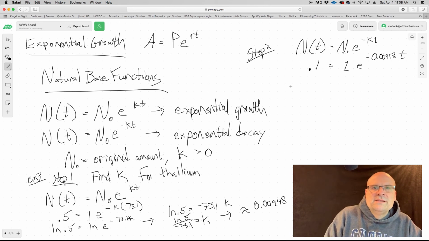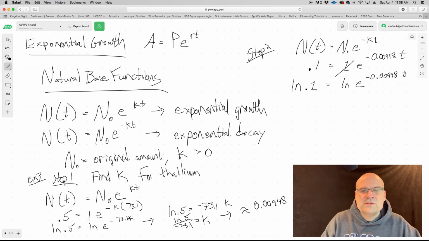So let's take the natural log of both sides. So the natural log of 0.1 equals natural log of, well, this 1 goes away, so e to the negative 0.00948 t. Okay, so remember when we have a natural log of e to the something, it just equals that something.